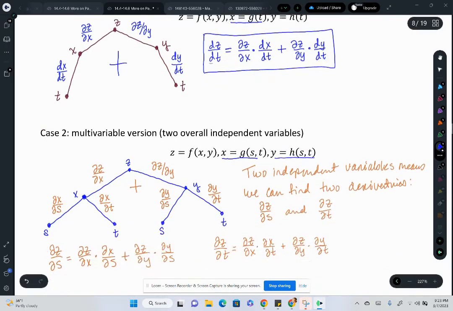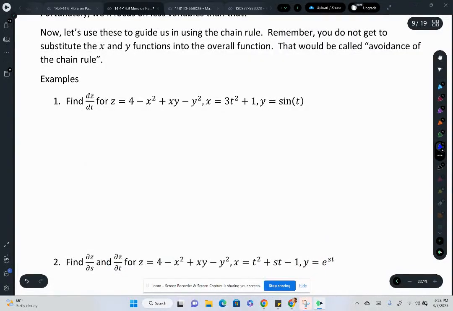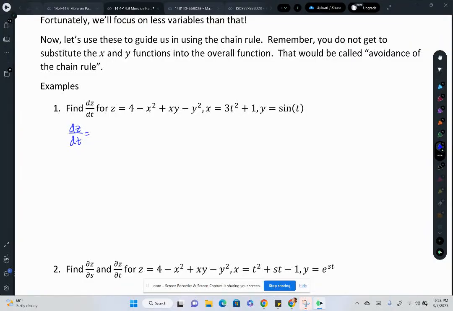Okay, my mistake there. Now we want to find dz dt when z is equal to 4 minus x squared plus xy minus y squared, x is equal to 3t squared plus 1, and y is equal to sine of t. Now for dz dt, we learned we have to travel down the 2 branches, x and y.